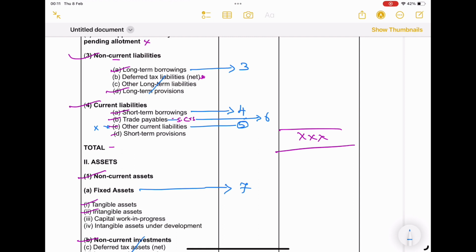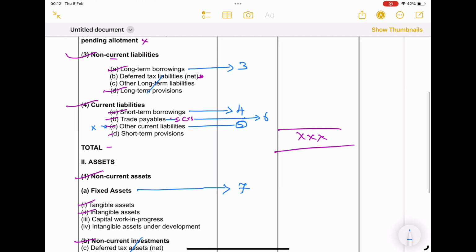You're getting my point? Instead of writing this, we can write note number 5 for trade payables. So whatever note number you have written, for that one we are going to calculate over there, right? So like that, if no information is given for a particular thing, we can skip it, and the entire concept you can skip it. Okay, so one or two things might be changing.